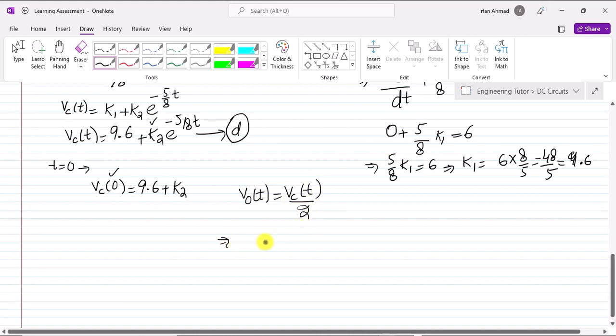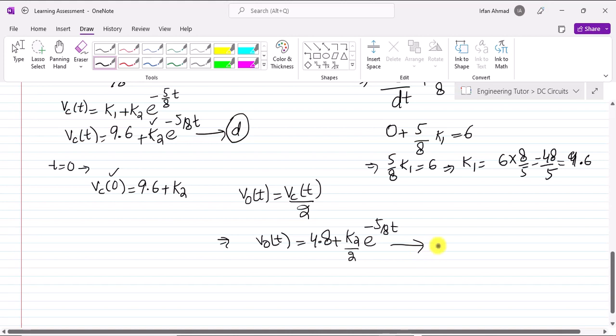Okay, so now writing the values here, 9.6 divided by 2 is 4.8 plus K2 by 2 exponential of minus 5 by 8 of t.